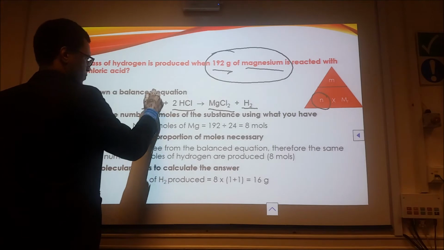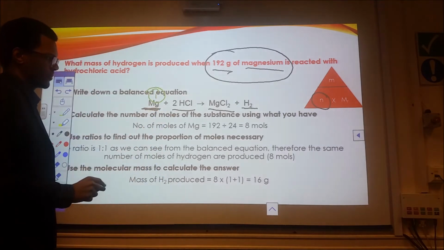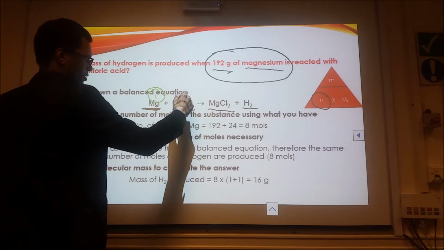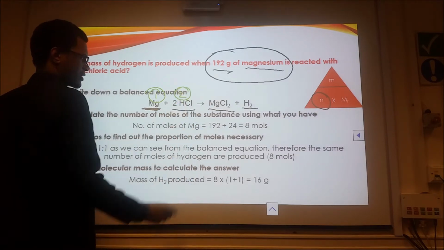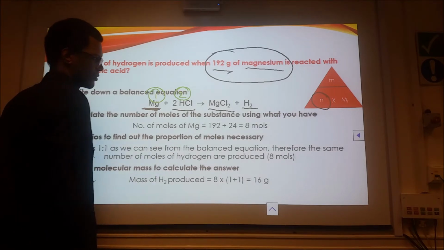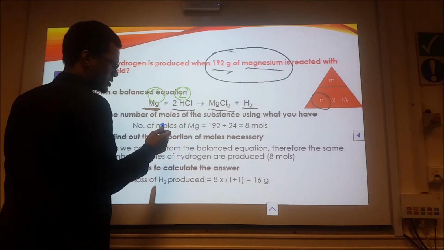I have 1 mole of magnesium, and if you can see, there's a 2 in front of the hydrochloric acid, so 1 mole of magnesium reacts with 2 moles of hydrochloric acid. So that's a 1 to 2 ratio.